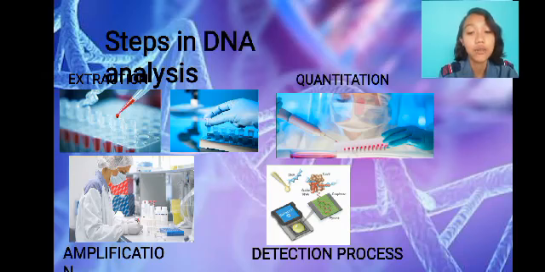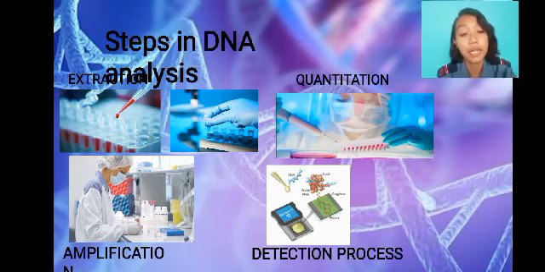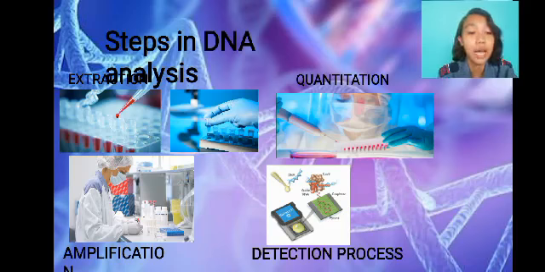The second one is quantitation, to determine how much DNA was retrieved from the cell. And third is amplification, or the determination of the variations in DNA test results or types from a specific region of the DNA. So, last is the detection process. DNA is separated and passed through the laser.